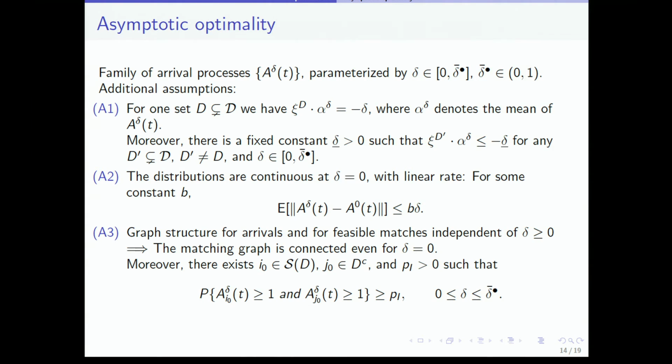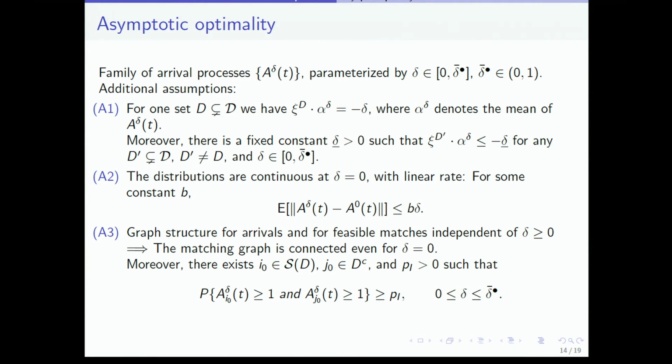The arrival rate for the others is bounded by something that is negative. And then there are some continuity assumptions, and also a third assumption on the graph structure: we need connectivity even at the limit when delta goes to 0, and we need to be able to idle.